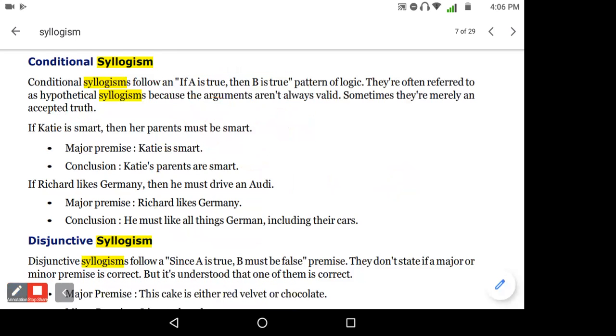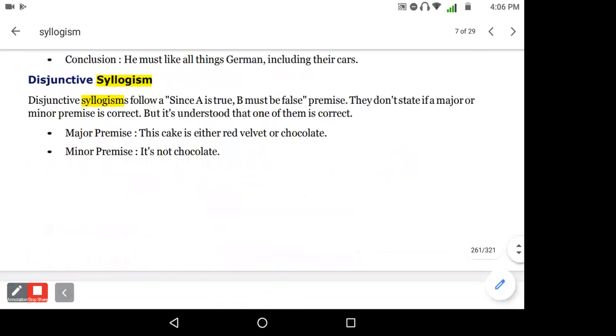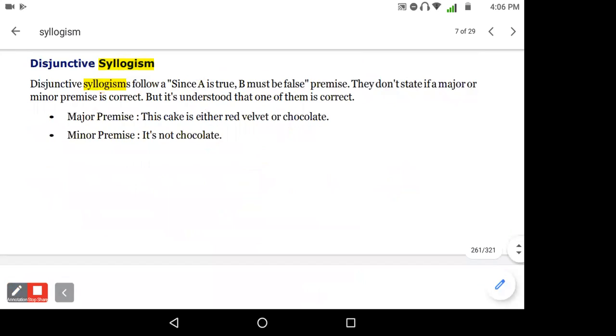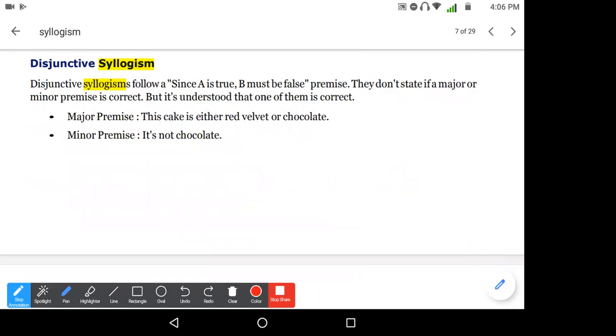Now let's move further. Disjunctive syllogism. Now here, read this carefully. Since A is true, B must be false. So you'll have one positive statement, one negative statement. So if A is true, B must be false. So here they will, not think too much.